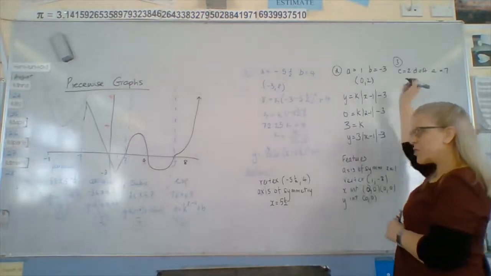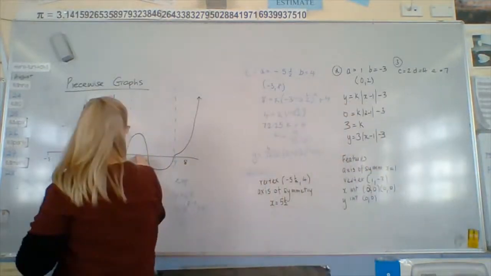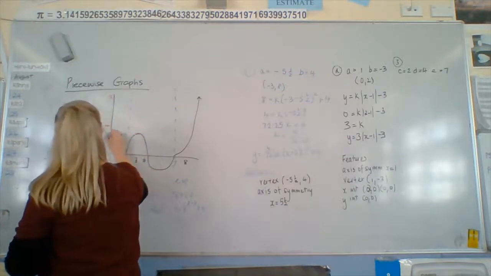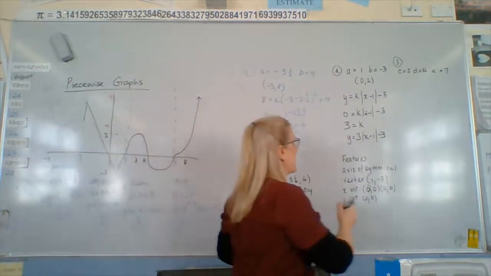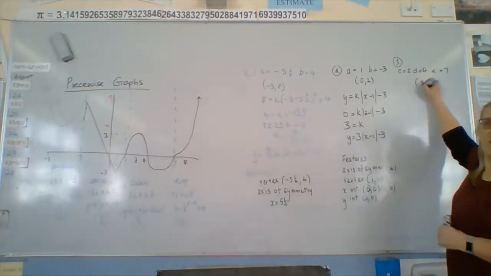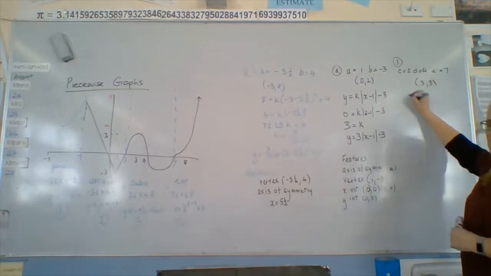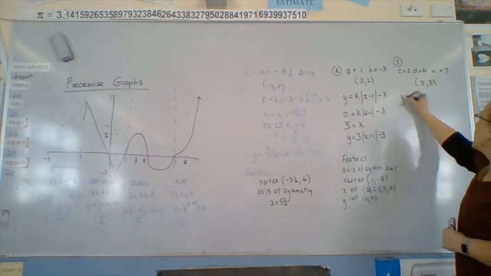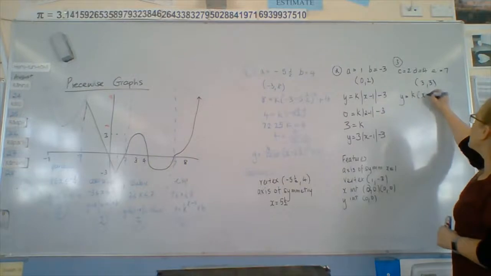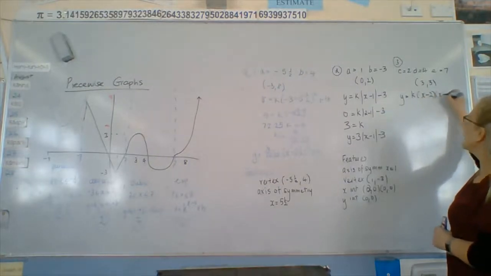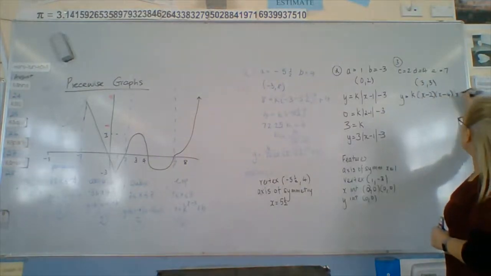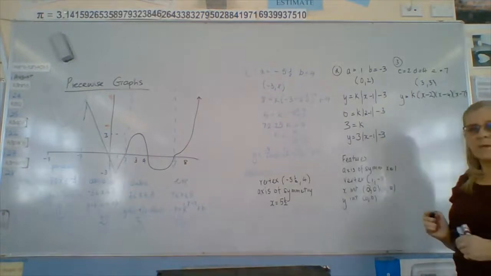Shall we make a point? Sure, why not? Let's say that this point at 3 is at 3, just to find our K. So we've got another point, 3, 3, right? So we go y equals K, (x minus 2)(x minus 4)(x minus 7). All right?